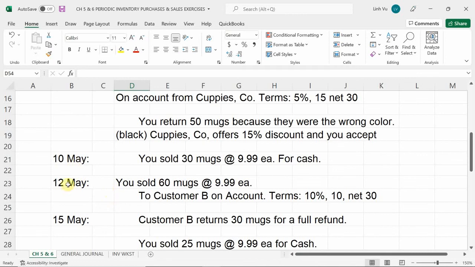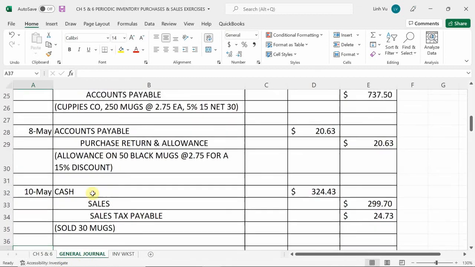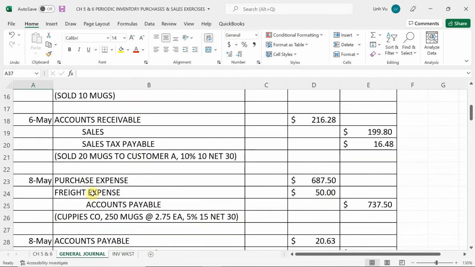May 12 rolls around, and you end up selling 60 mugs at $9.99 each to customer B on an account, and you gave him terms 10, 10 net 30. So how should I journalize this? Accounts receivable.